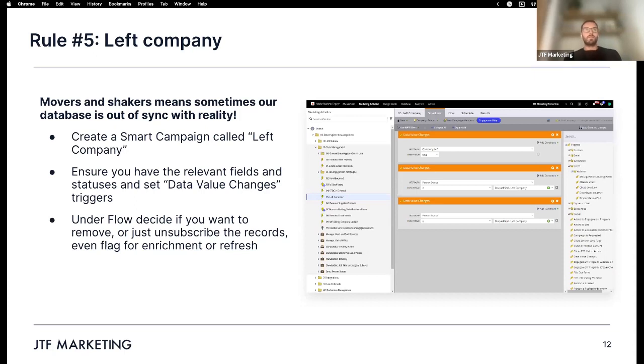So there's definitely this conversation around left company that we want to be clear on: that current person doesn't exist, but they do exist in a slightly different guise over here. So how do we manage that process? It's really important to think that through on a case-by-case basis.